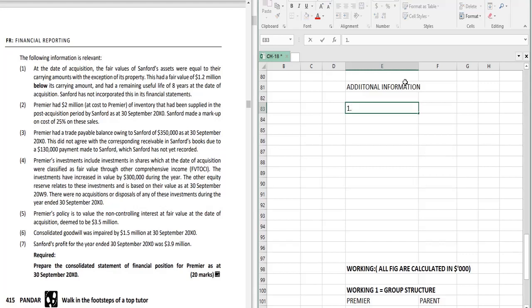At the date of acquisition, the fair value of Sanford's assets were equal to their carrying amount with the exception of its property. This had a fair value of 1.2 million below its carrying amount and had a remaining useful life of 8 years at the date of acquisition. Sanford has not incorporated this in its financial statements. So this is the question.